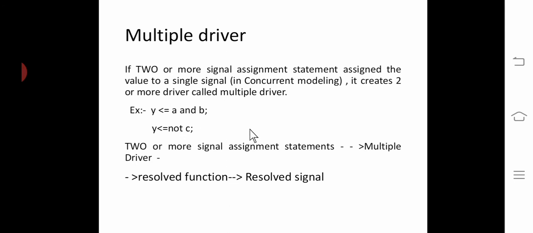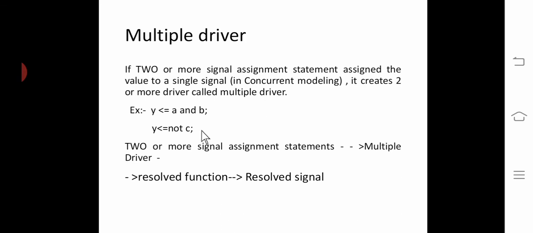We know this signal assignment statement. What is the work of the signal assignment statement? Assigning values to the signals. Assigning values is nothing but evaluating this value and assigning it to this variable.